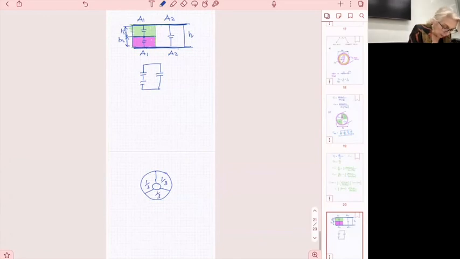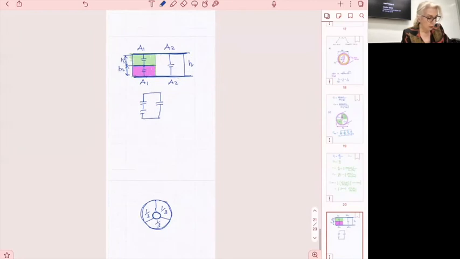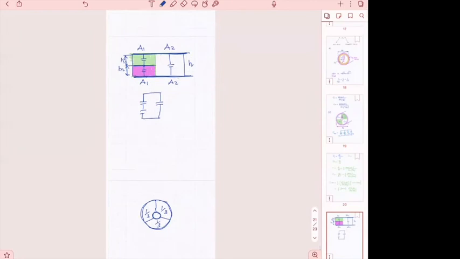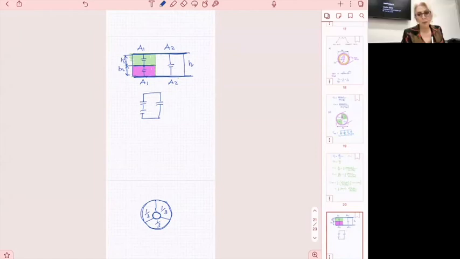Because they share only 1/3 of the perimeter, both inner and outer. Same thing like you do here. So for the parallel plate problem, can we use the same formulas that we used for the coaxial cable?